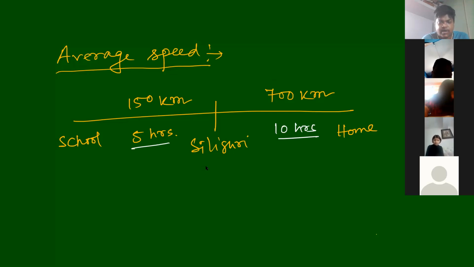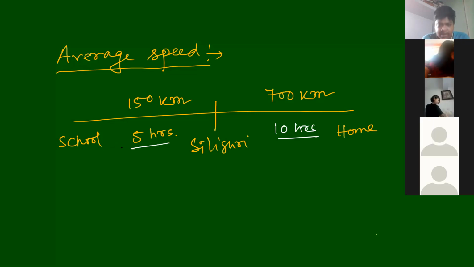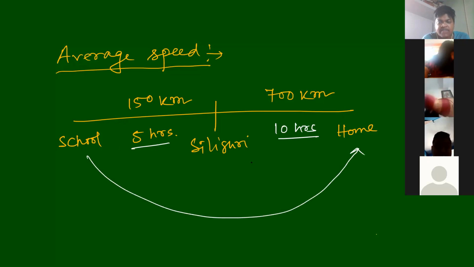Now, just understand this thing. If the question is asked: what is my average speed of the total journey from school to home? How to answer that type of question? I'm just giving you the procedure. It's like a story.